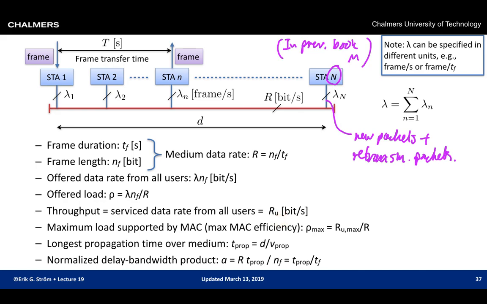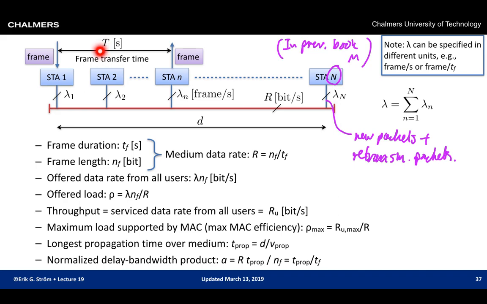Think of it this way: a frame comes down here, and eventually it comes up here, but it might collide and have to be retransmitted. There could be a few things going on, but at some point it goes down and at some point it goes up, and it takes t seconds to do this.